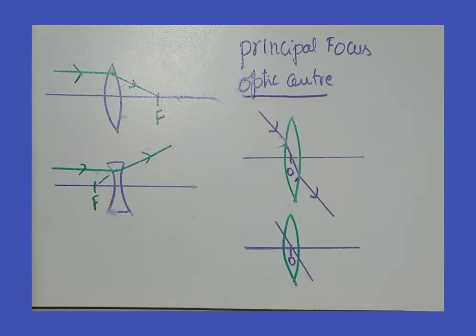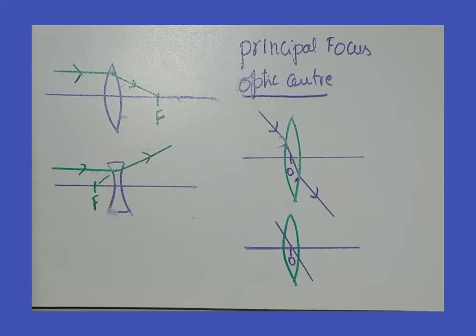So to just recap, we just go through two definitions what we learned. First of all, principal focus: a point on the principal axis to which a parallel beam of light ray converges after passing through the convex lens or appears to diverge from after passing through the concave lens. Next definition, what we learned is optic center.